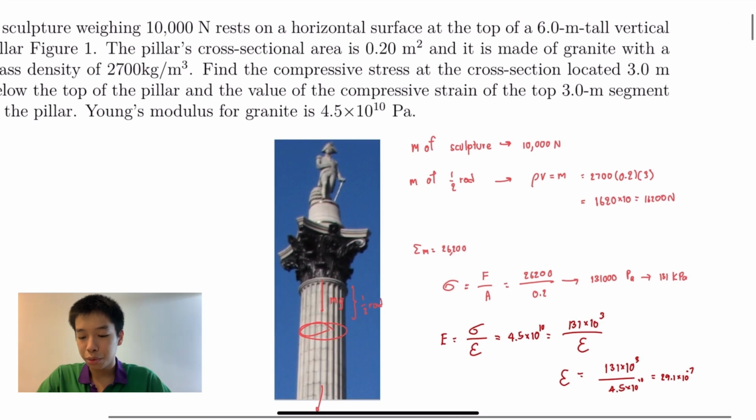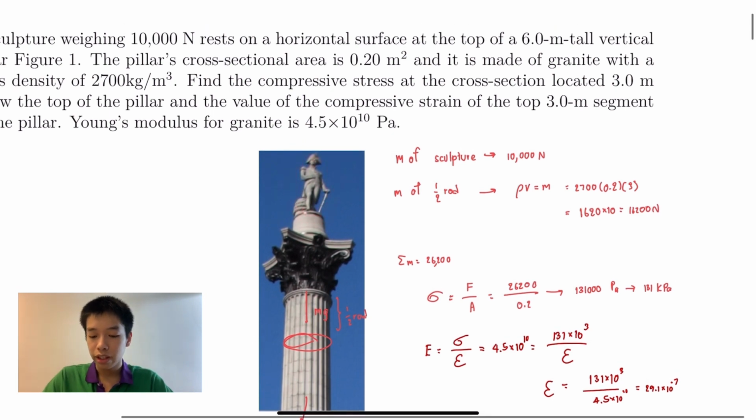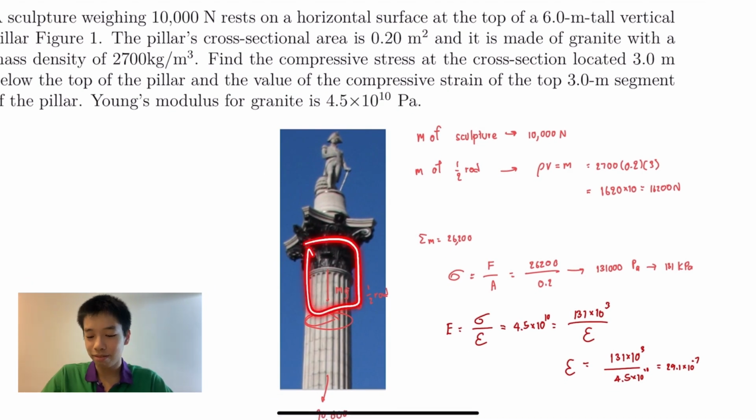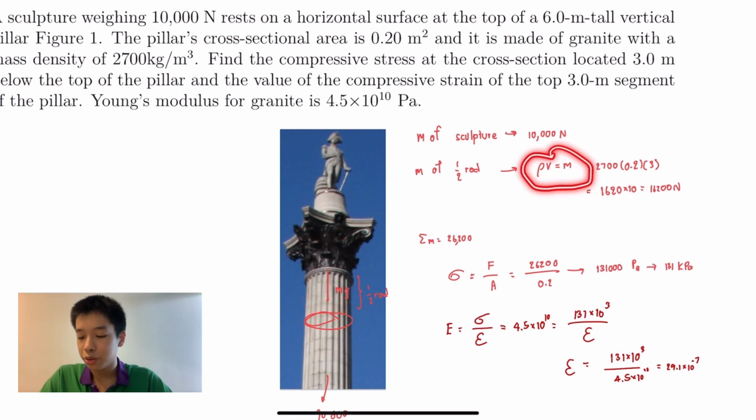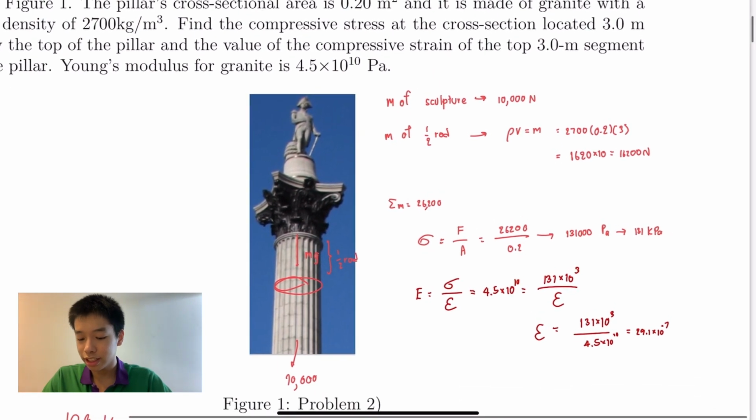So first we have to find the internal load, and we can find it by mg, where m is the mass of the sculpture plus the mass of this rod. For the rod, we can find the mass by using rho times V is equal to mass, and we got it. This is the mass, and so the total mass is 26,200. And next is stress.